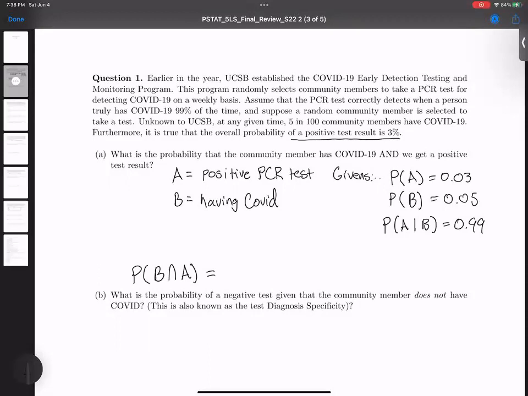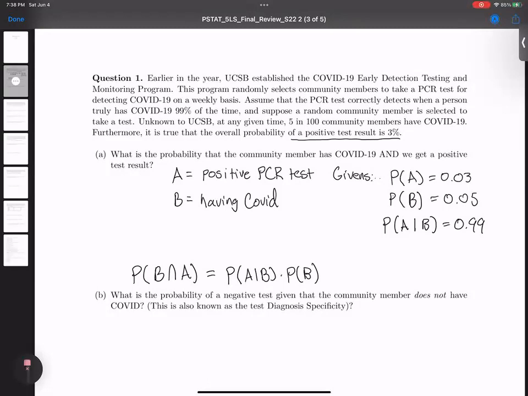If we multiply the probability of B to the other side, we see that the probability of B and A, which equals the probability of A and B, is the probability of A given B times the probability of B. This just holds in general.